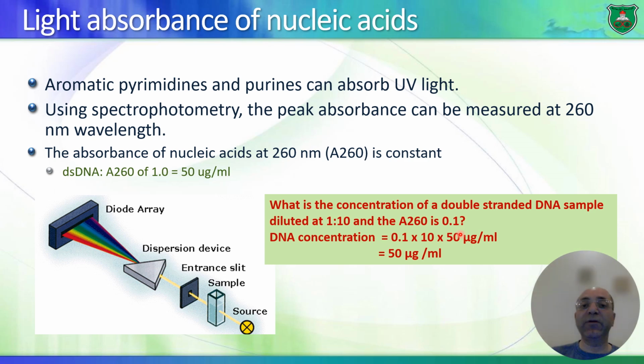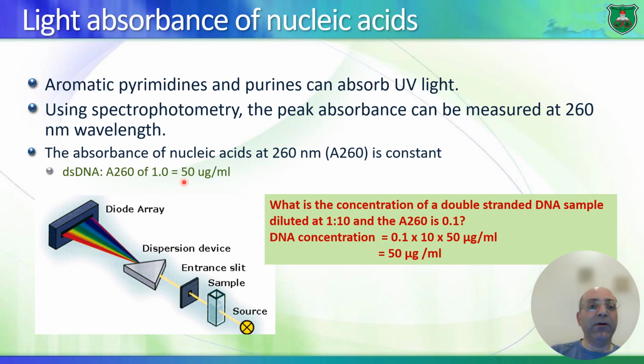So we do the following. We know that 1 unit of light means that the concentration of the sample is 50 micrograms per ml. Now the absorbance is about 0.1 unit of light, so it's 1/10 of this. So the concentration is 1/10 of 50.